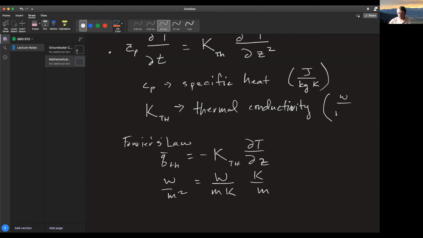Watts per meter Kelvin is the unit for this. All right, so a couple things I want you to see here. Fourier's law is exactly like an analog of Darcy's.